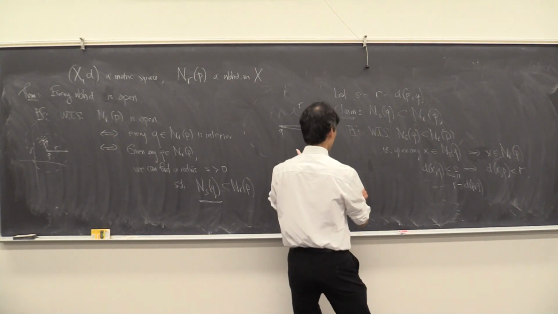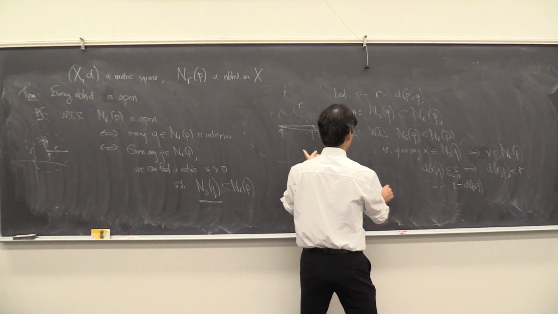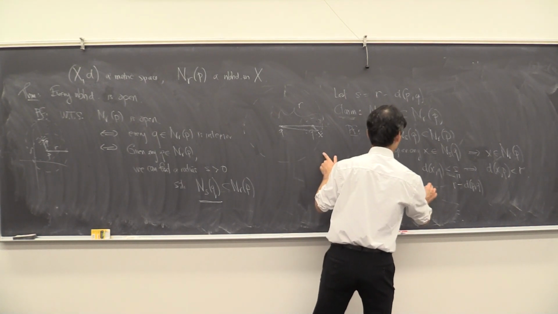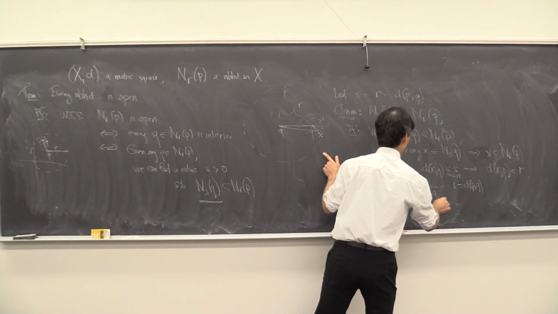Triangle inequality says the distance from x to P is controlled by the distance from P to Q plus the distance from Q to x.